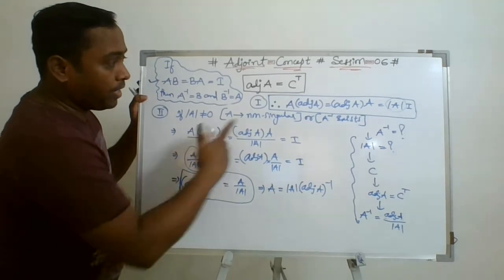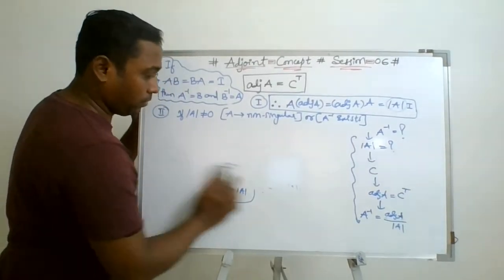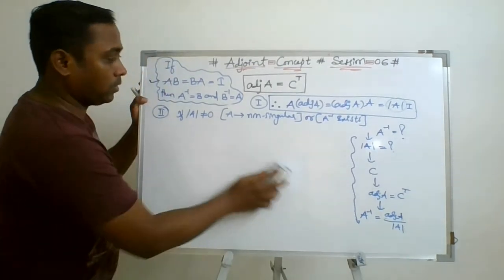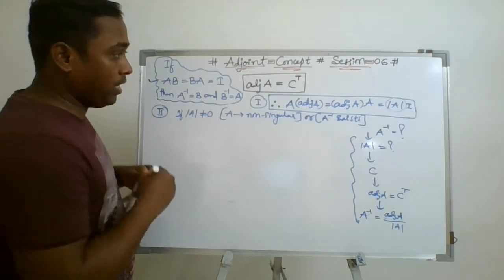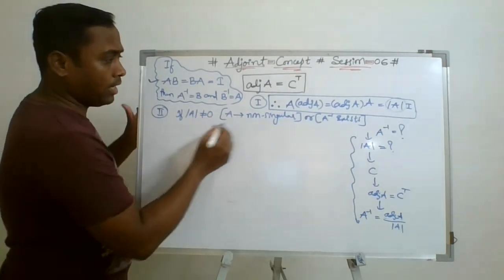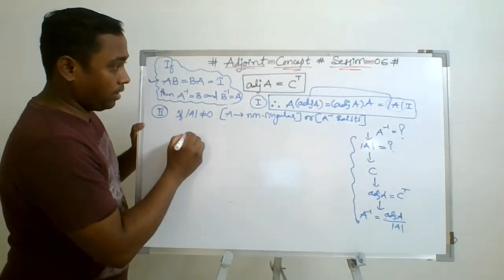Now I am taking the same result: A into adjoint A is equal to adjoint A into A is equal to det A into I. I can take any two parts at a time to understand, so I am taking the first and the last.